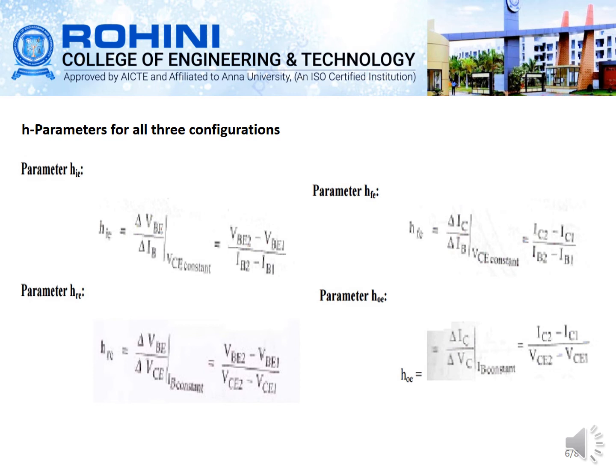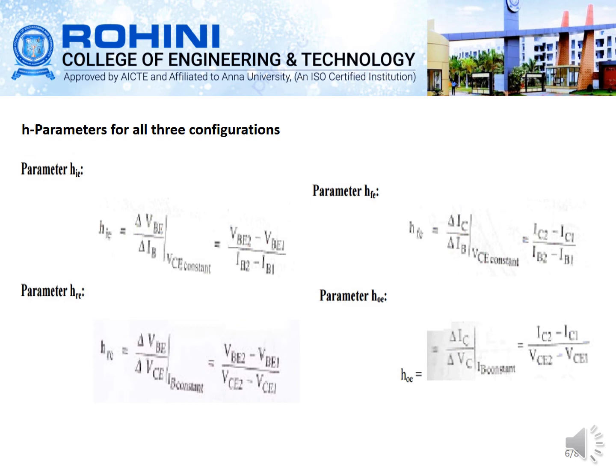So you can write this as VBE2 minus VBE1 divided by IB2 minus IB1. In the case of hfe, there will be a change in the collector as well as the base current when the collector emitter voltage is constant. So you can write it as IC2 minus IC1 divided by IB2 minus IB1.